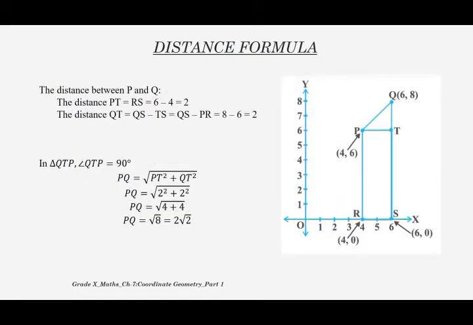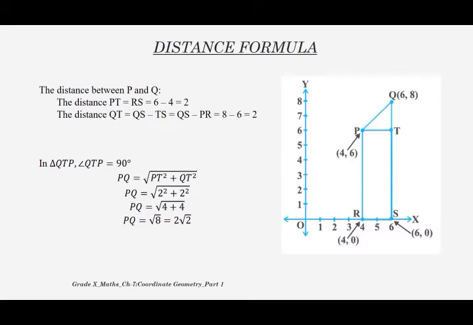Next, we see the instance wherein we have to find the distance between 2 points which may not lie on the axis. For example, distance between points P and Q. For this, we are drawing vertical lines PR and QS.